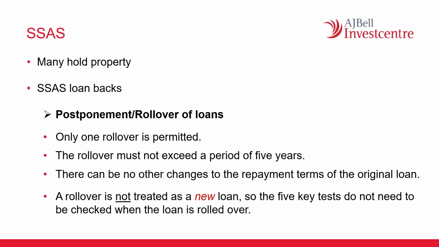loans in place. One of the other easements that HMRC announced in the pension schemes newsletter, similar to with property and connected party tenants and rent holidays, is that we don't need the commercial evidence at the moment. They've also said the same for SAS loan backs. So normally we would need to see that postponement of loans and rollovers of loans are commercial, as evidence of why we're postponing them.